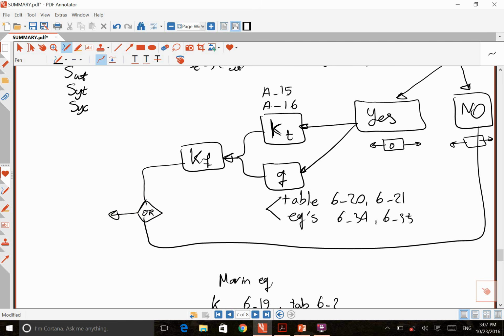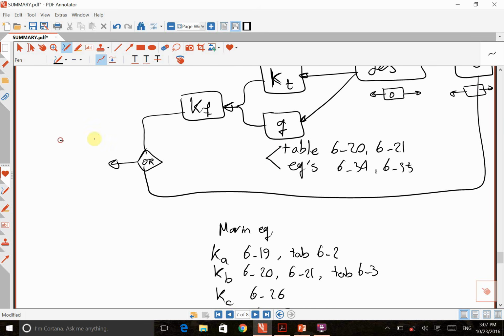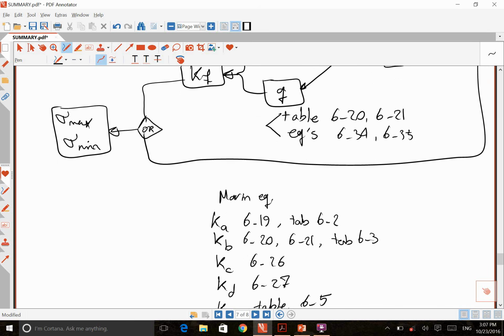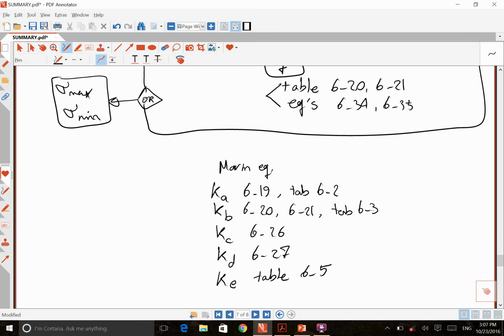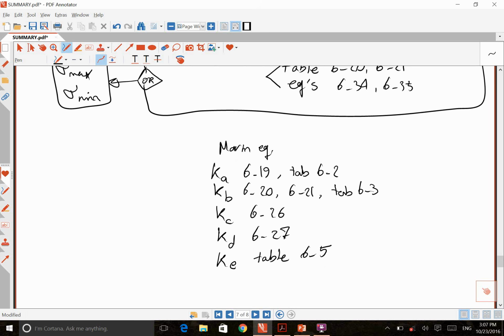So after this point, we're gonna find maximum and minimum stresses. Maximum is F max over the area, minimum is F min over the area. Area could be different in different questions.